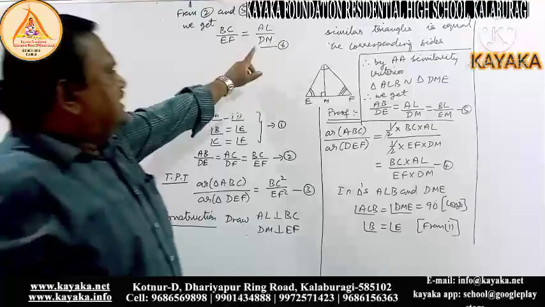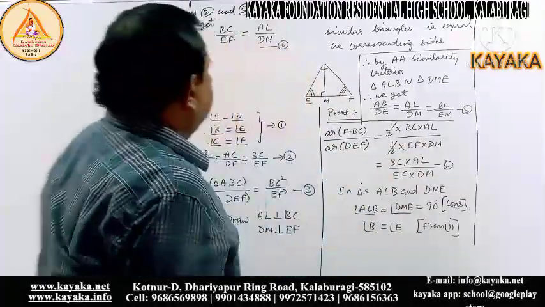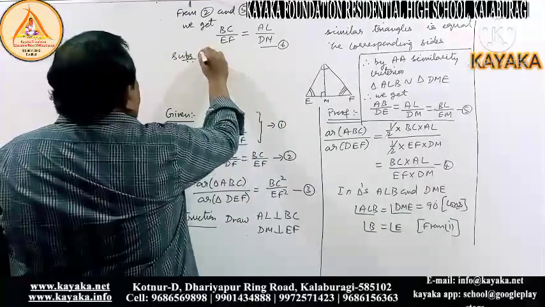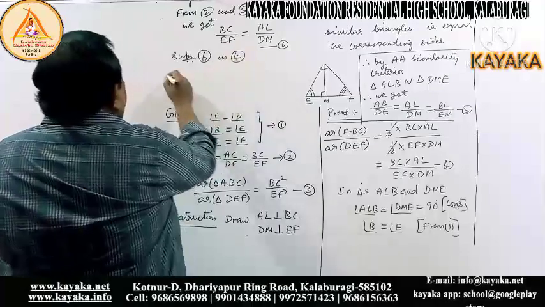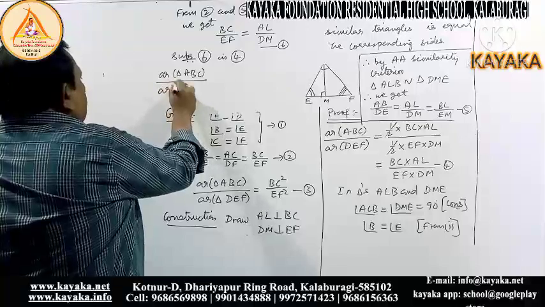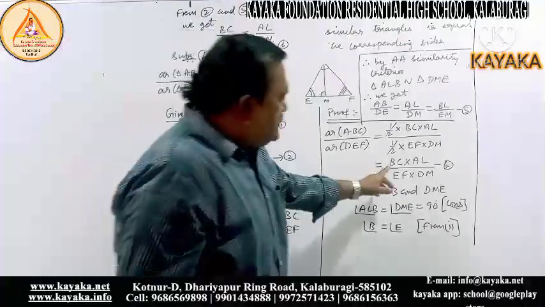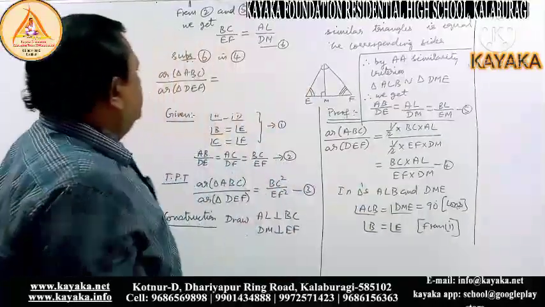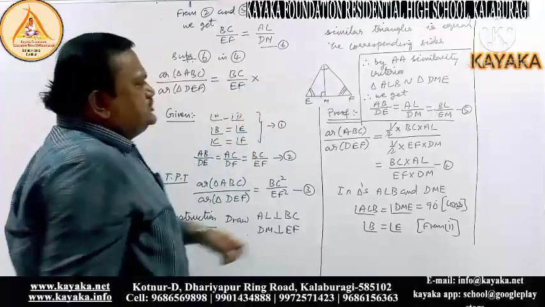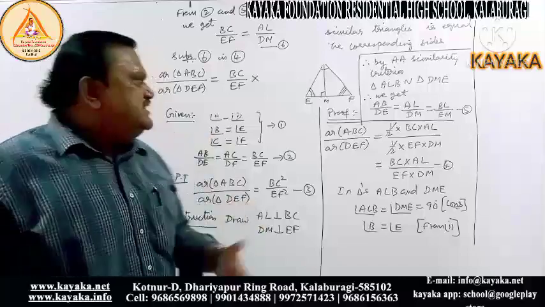Now substituting 6 in 4 we will get the proof. Substituting 6 in 4 we get area of triangle ABC divided by area of triangle DEF will be equal to, first we will write BC by EF, and again instead of this AL by DM, we can write BC by EF.